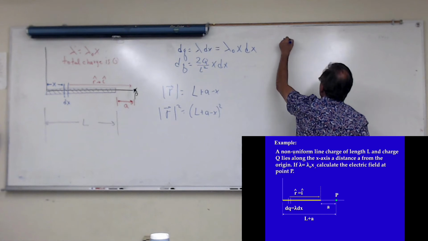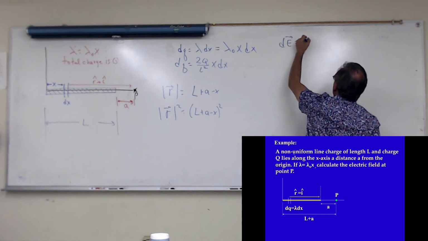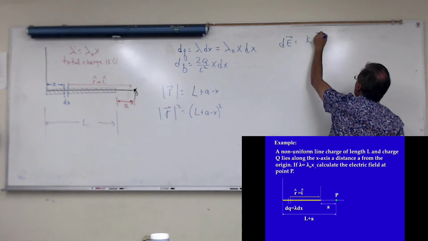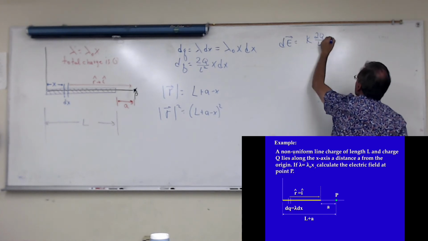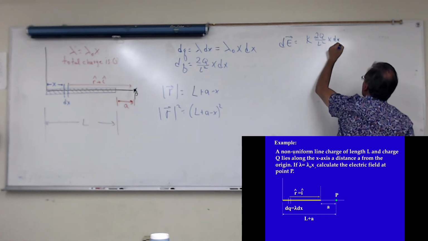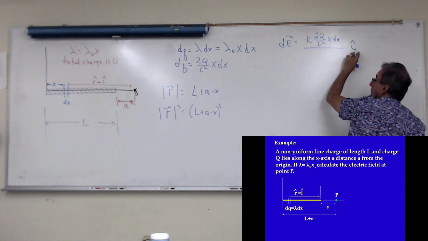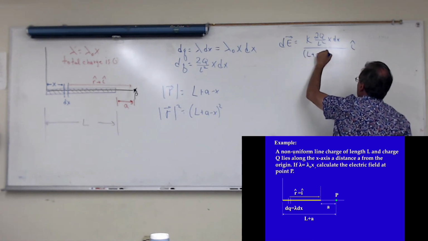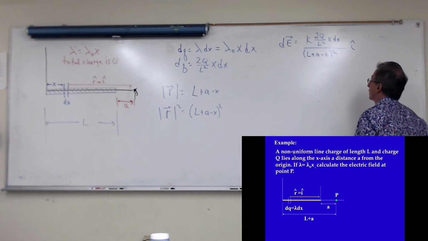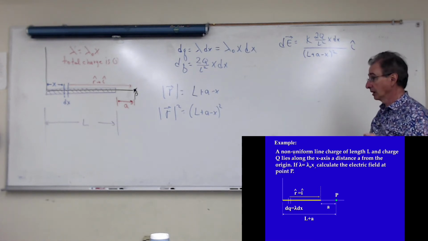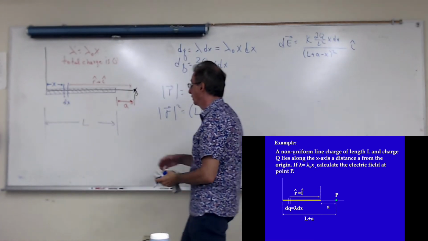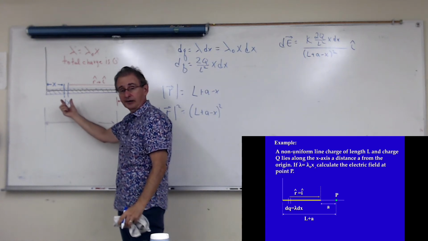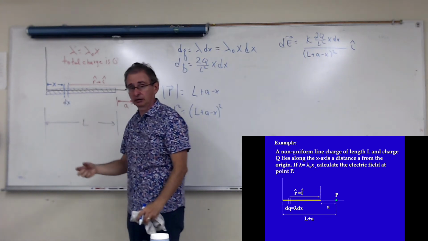My dE is going to be k dq, which is this. There's our r hat, and then our L squared. That's it. So that's the electric field due to an element of charge on this rod.